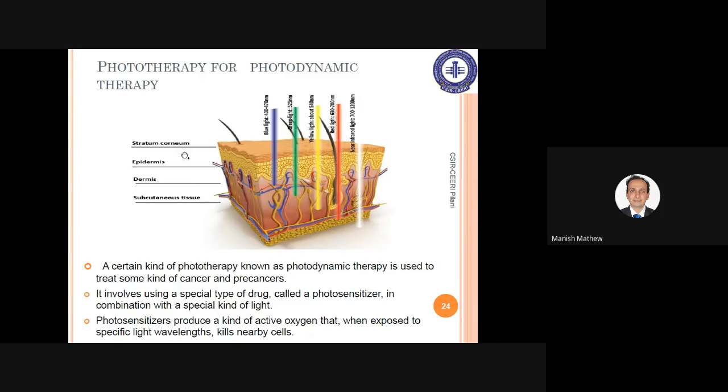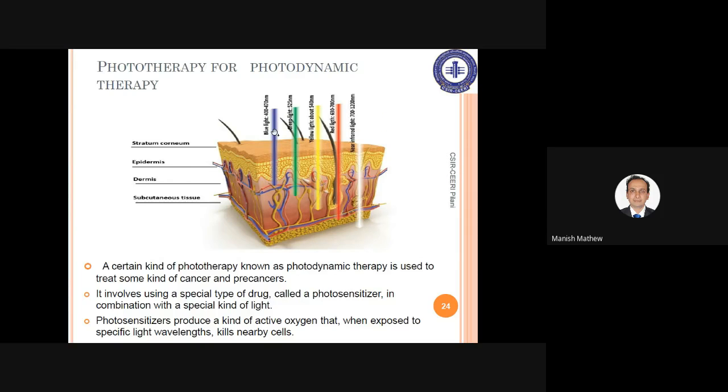Now, if you look at this figure, the top surface is the skin. Below this skin, we have the epidermis, then we have the dermis, and then we have the tissue sphere. And if you look here, these are the different wavelengths.